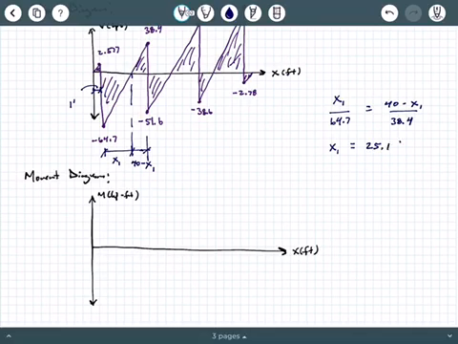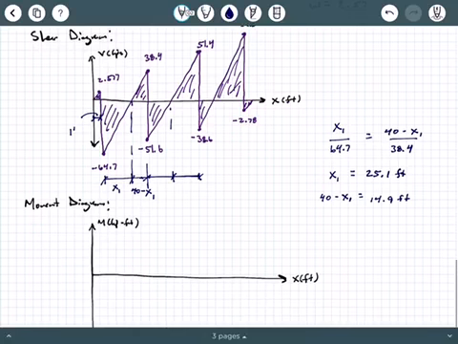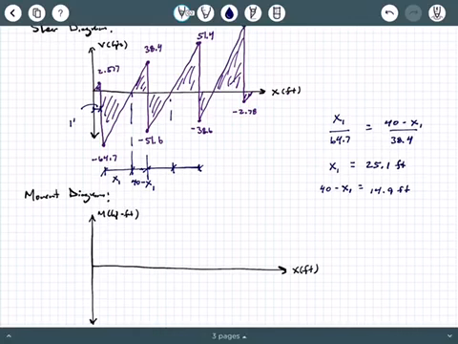So I get x1 is 25.1 feet, and of course 40 minus x1 is 14.9 feet, okay? And you're going to do a similar kind of thing on each of these other domains. So let's do that together. I'm doing this in real time with you right now.